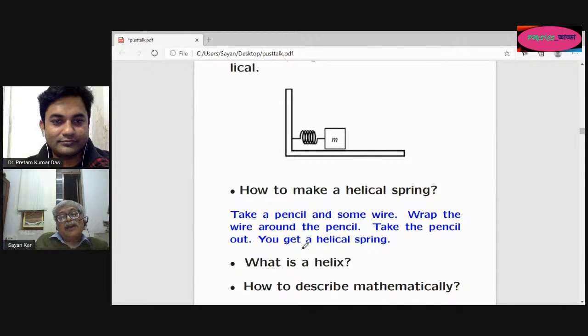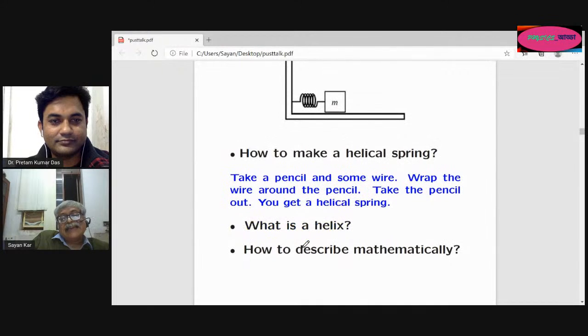You wrap the wire around the pencil, go on wrapping it, and then take the pencil out. And what you get is a helical spring. I have said that the cross section is a circle. That's the simplest example, but there are springs where the cross section is not a circle.